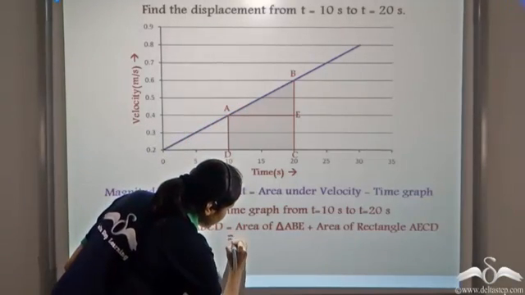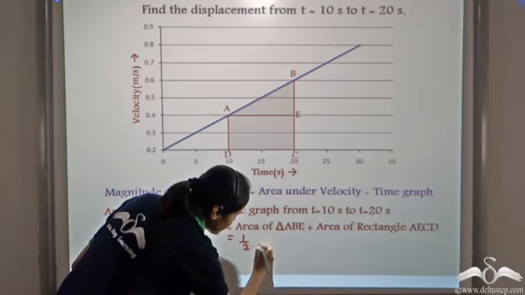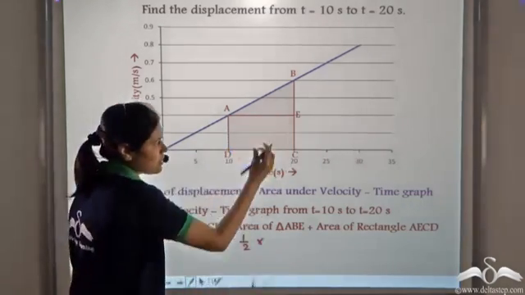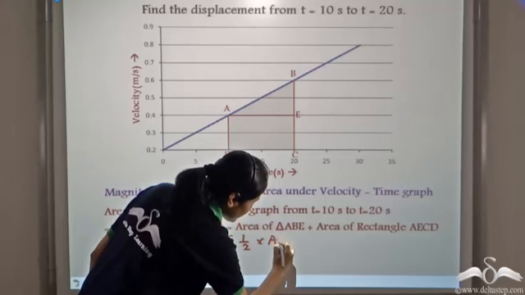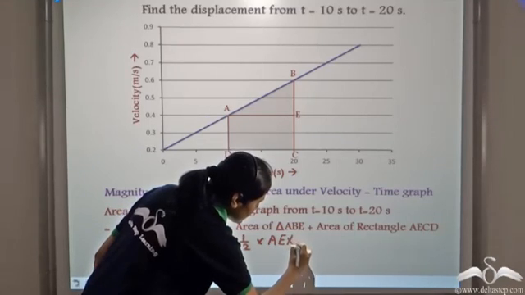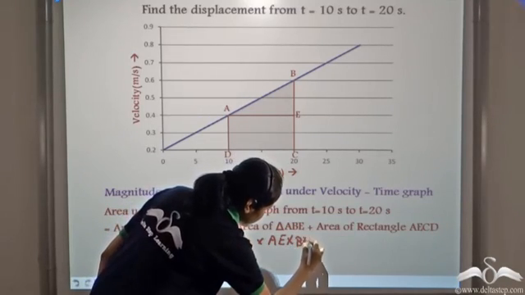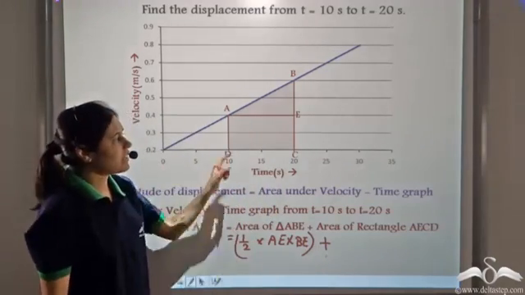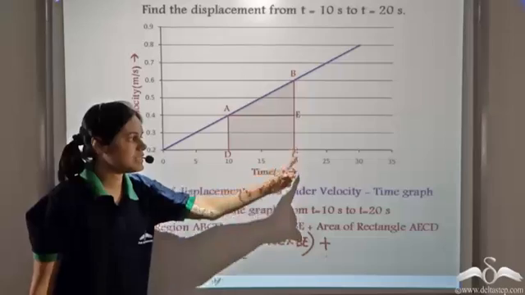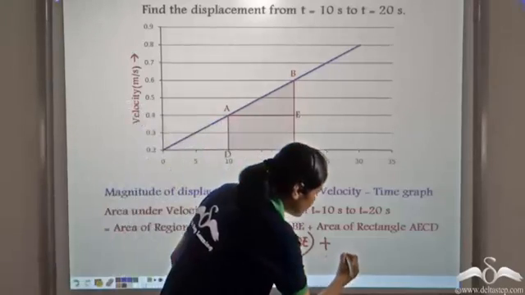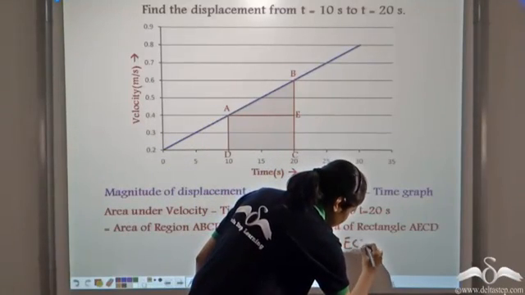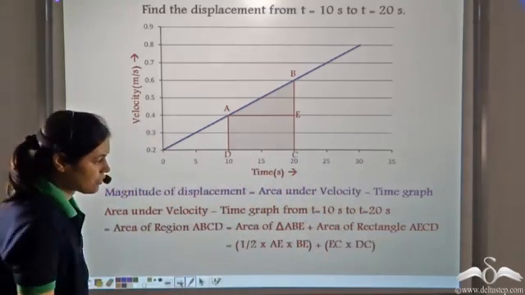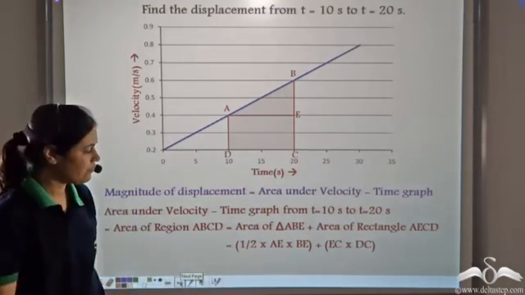Area of a triangle is equal to half into base into altitude. Base is AE and altitude is BE. Area of rectangle AECD will be EC into DC. So this is what we have here.